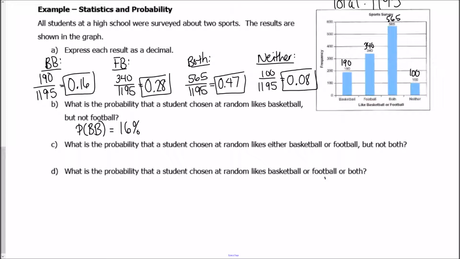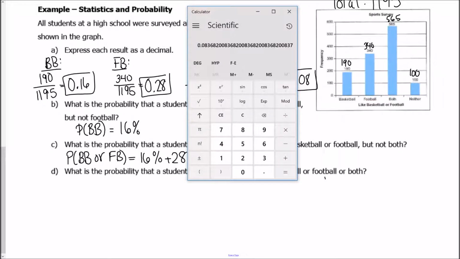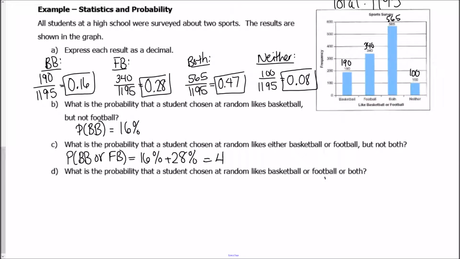Okay, part C, what is the probability that a student chosen at random likes either basketball or football? So the probability of basketball or football but not both would be the 16% plus this 28%. And when I add that 16% to that 28%, I end up getting 44%.